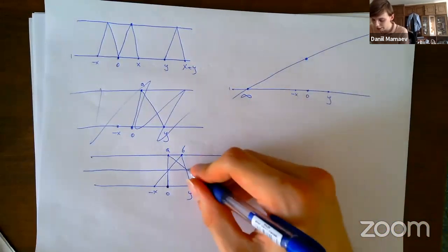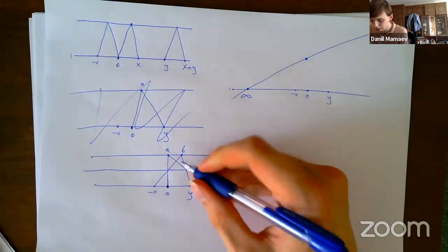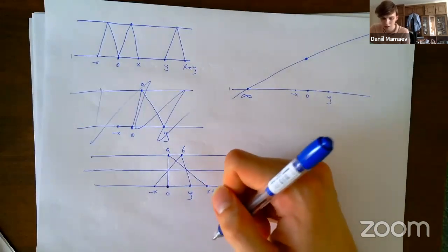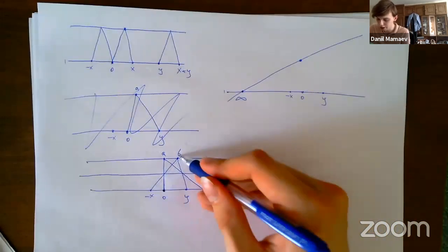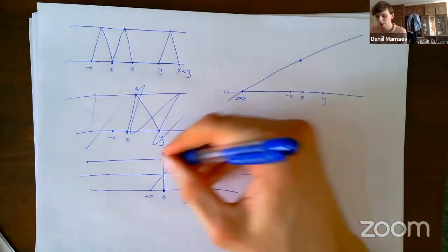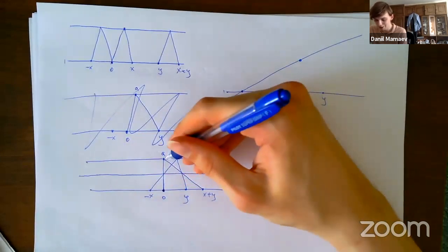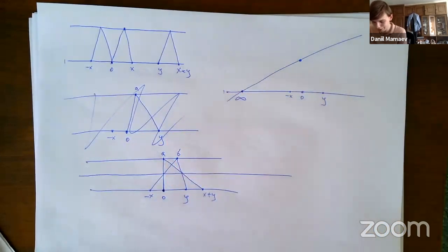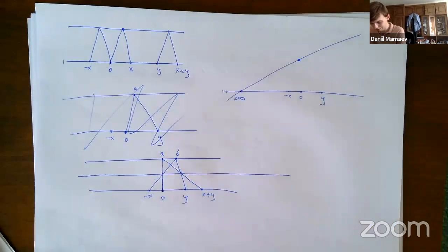Then you get an intersection point of this segment and this line, and you draw a line through it, and you get a new point on this line, and then you get another intersection, and you get your x plus y.